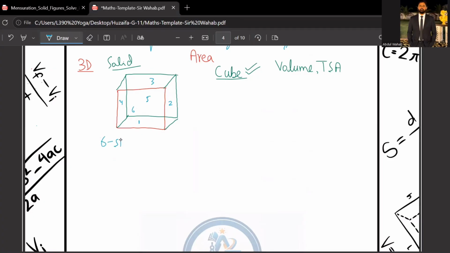It has six sides. And if I say what are real examples of a cube in practical life, you can see the dice in Ludo. If you're playing Ludo, we are using a die there. The dice which we use in Ludo are basically real examples of the cube.